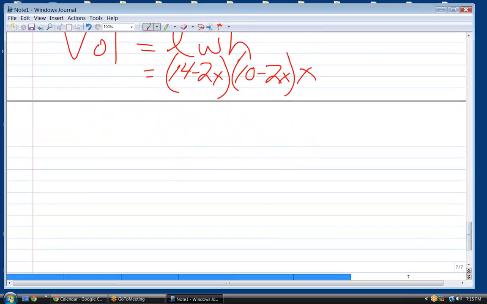Now, we want to maximize volume. Well, we have to multiply these together. So let's multiply the x first times that makes that. And then let's FOIL these two together. What do we got? Help me FOIL this together. 140x minus 28x squared.